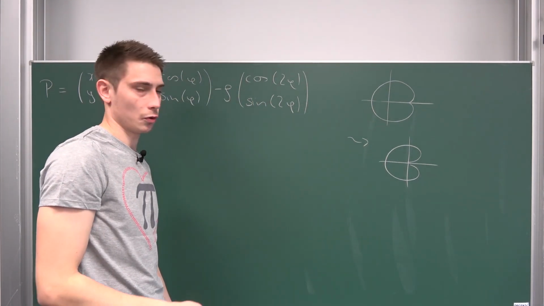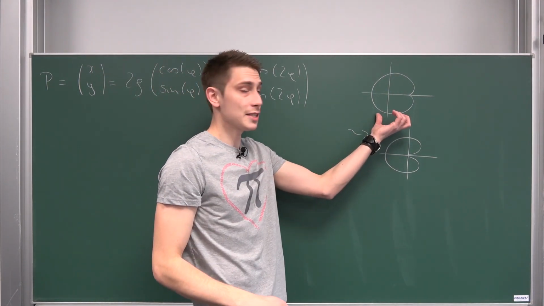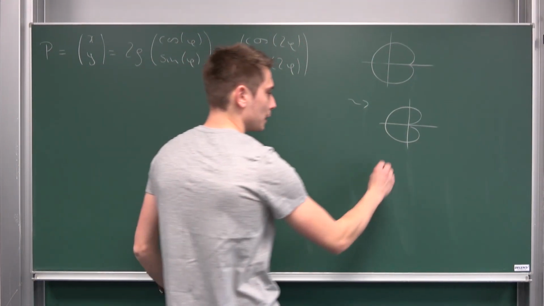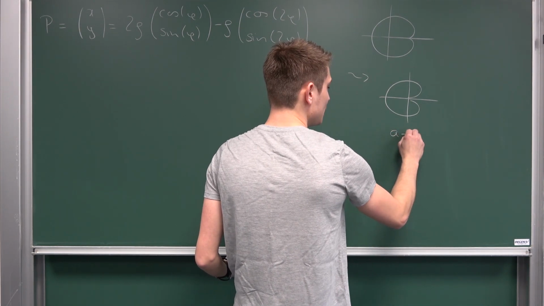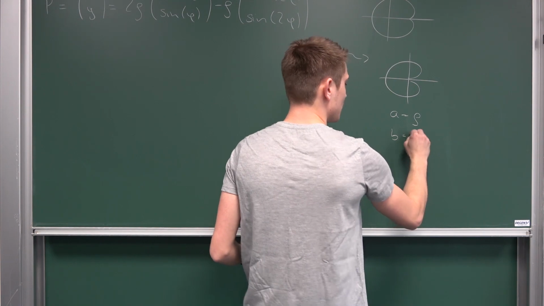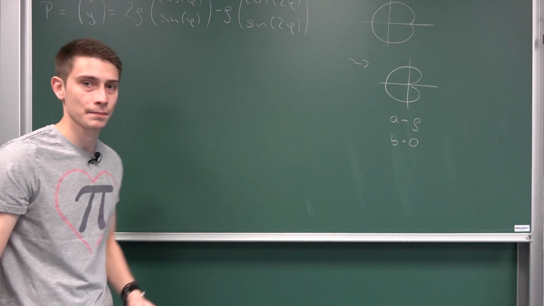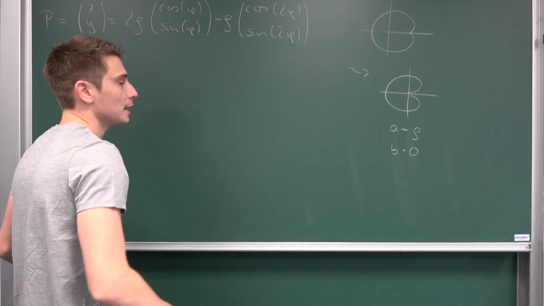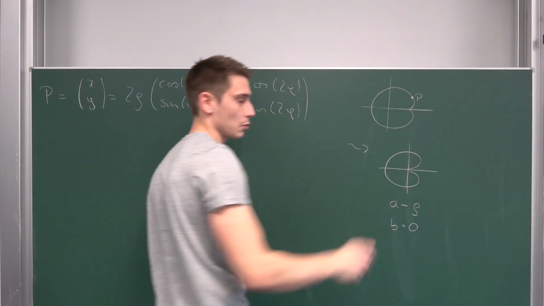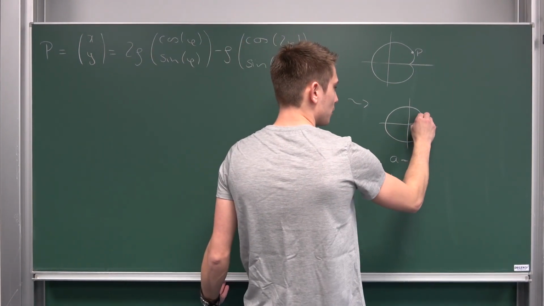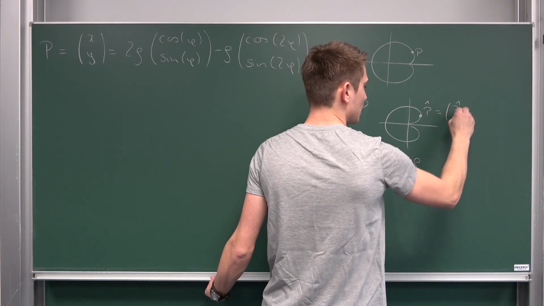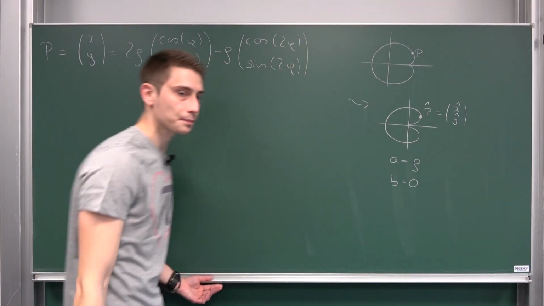But what does that mean for our coordinate system? We can just leave this cardioid stationary and shift our coordinate system rho units to the right. Meaning, our A, this time our shift is going to be rho and our B is going to be 0 in this case. I hope you can see where this came from. Meaning, initially we had, for example, this point P right here in this coordinate system, but now we are going to have a different point, P hat for example, with an x hat and y hat coordinate.